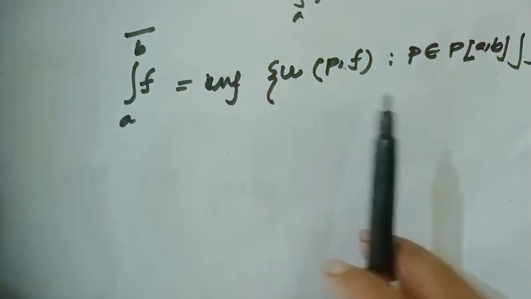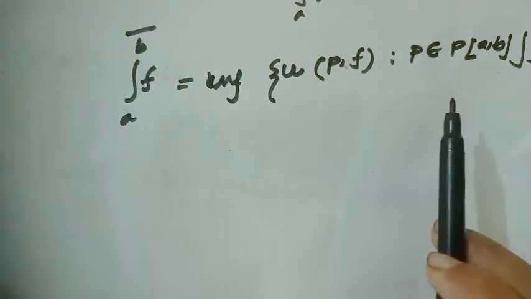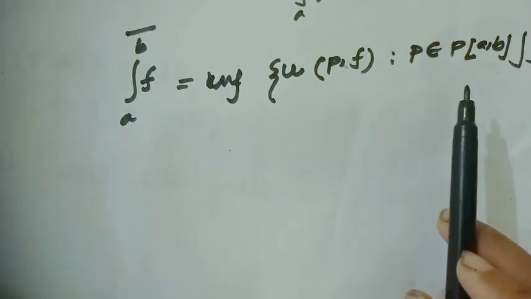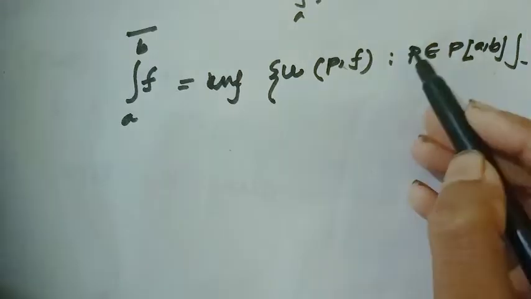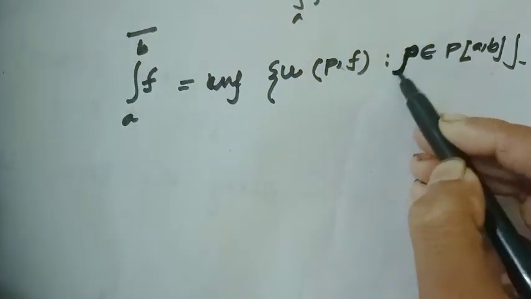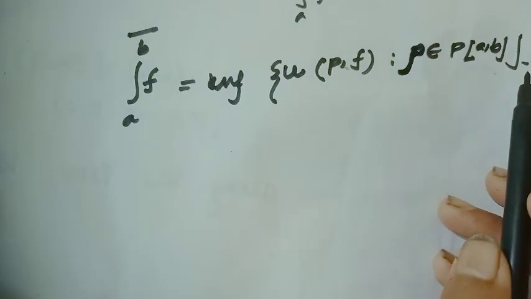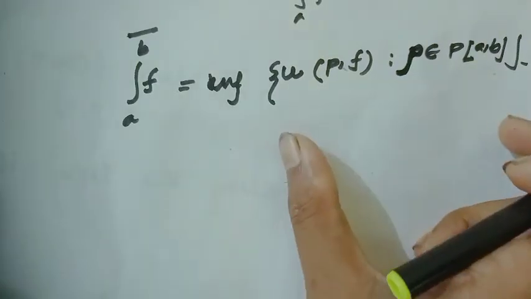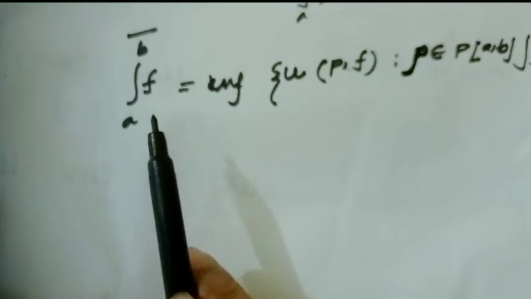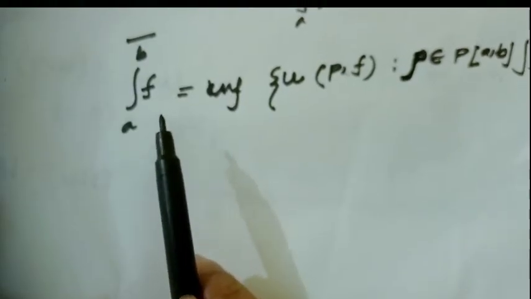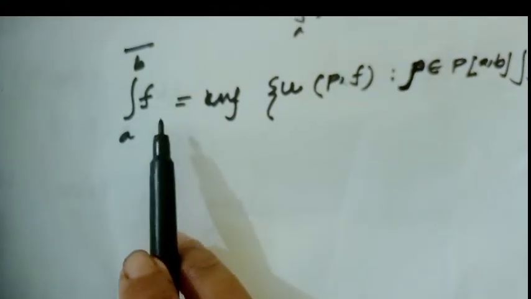At first, consider the set of all U(P,f) over all partitions P, where script P denotes all partitions of [a, b], and the infimum of this set is called the Riemann upper integral, which is denoted as the upper integral from a to b of f.